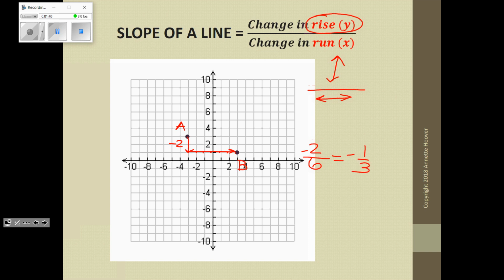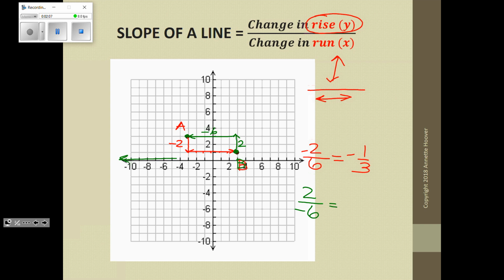Now let's say you didn't start on A, but you decided you wanted to start on point B. Would you get the same slope going from point B to point A? If you start on point B, you first have to go up a +2 because we do the rise first. Then we go to the left 6. Going left on the number line results in smaller numbers, so that's a -6.